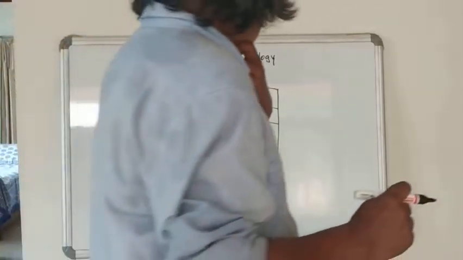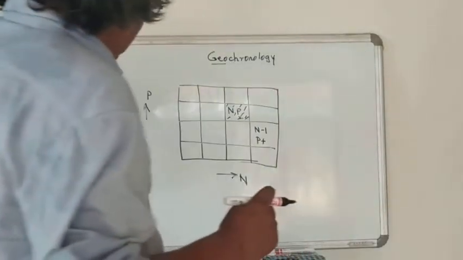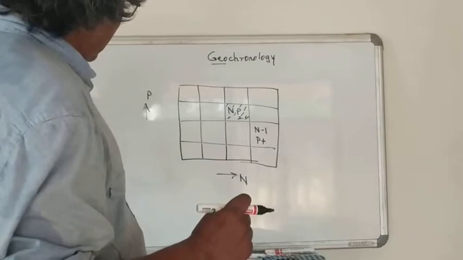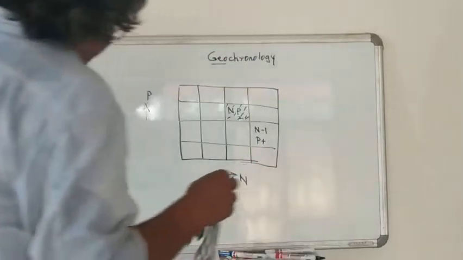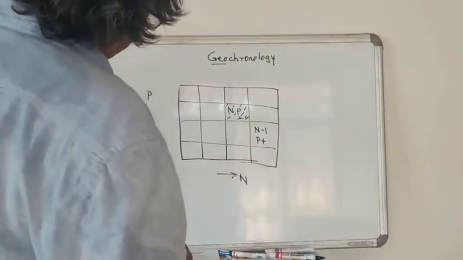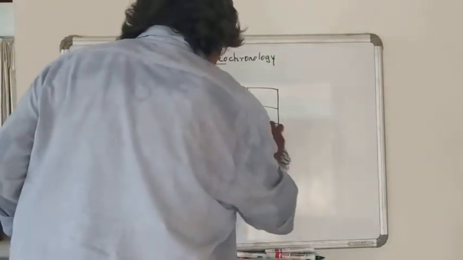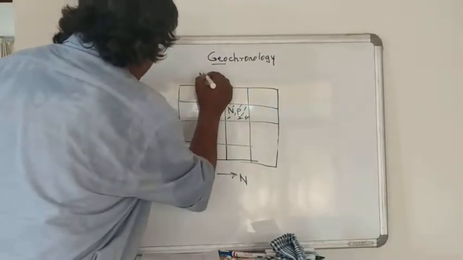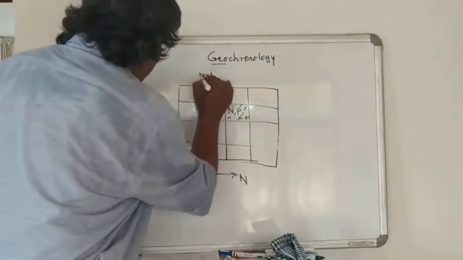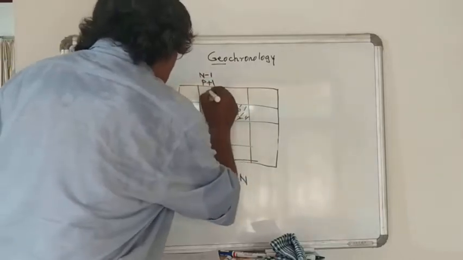So if you have it, then you will have n minus 1, p. Yeah, just a little confusion. Am I being right? No, I'm completely wrong. So it would be something here, n minus 1 and p plus 1.